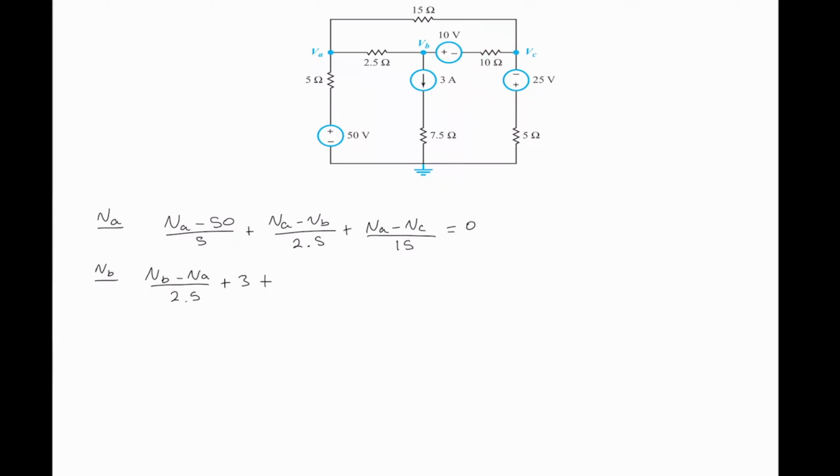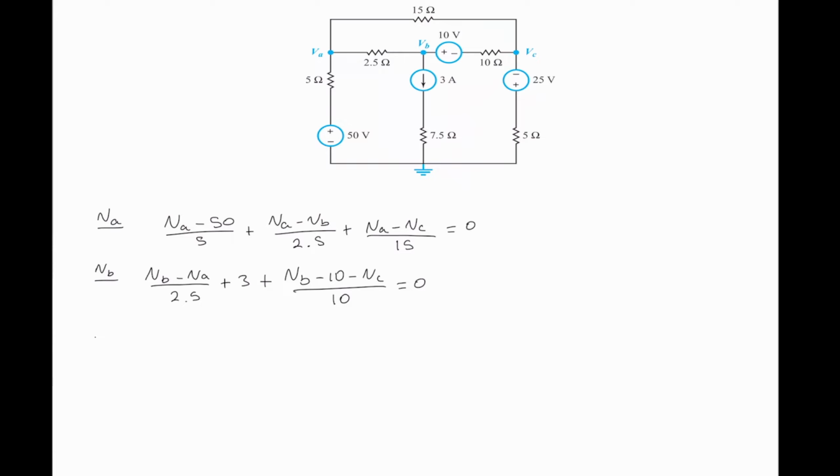So VB minus 10 volts minus VC, all over 10 ohms, and that is equal to 0.